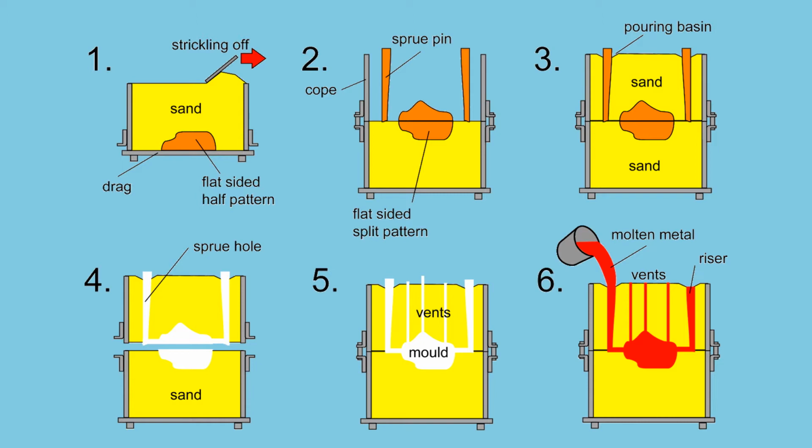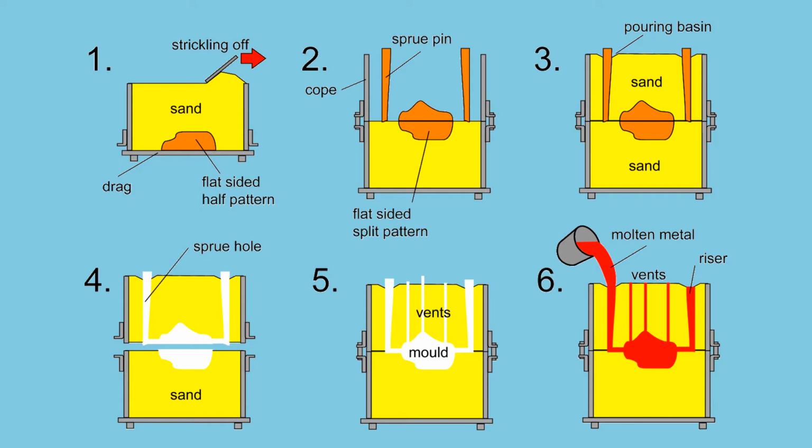So here is a process of what sand casting looks like, and I'm just going to briefly talk through the 6 stages. Stage 1 shows you something called a drag. The drag is the first part of the mold, and the orange blob at the bottom, that's called the half pattern. The pattern is the actual mold shape that you're trying to reproduce, and it has to be cut in half.